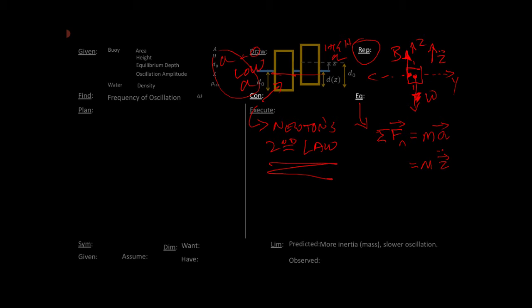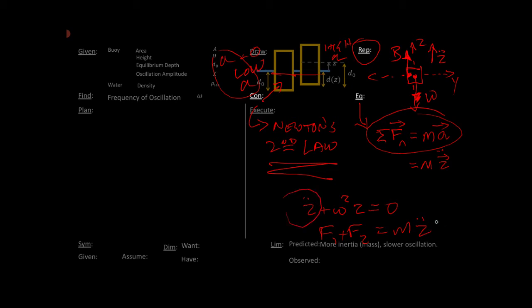Okay, so that acceleration is going to show up in the simple harmonic oscillator like that. It also shows up in Newton's second law, right? We have the sum of the forces, F1 plus F2, is equal to m z double dot. So we're going to use that acceleration there.